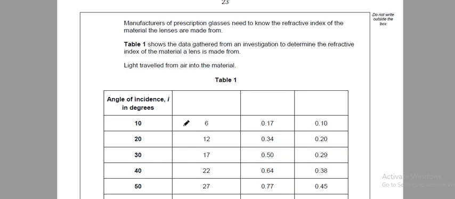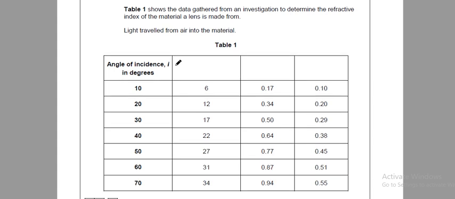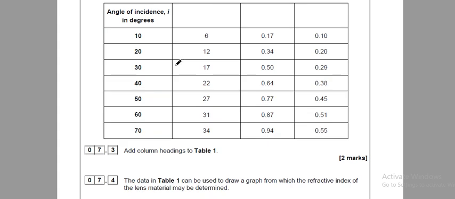Manufacturers of prescription glasses need to know the refractive index of the material the lenses are made from. The table shows data gathered from an investigation to determine the refractive index of the material a lens is made from. Light traveled from air into the material. The angle of incidence in degrees is given, and it requires adding other column headings.